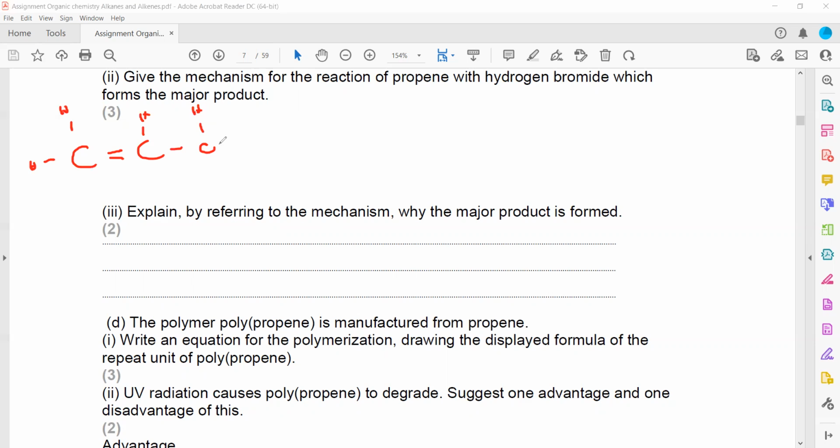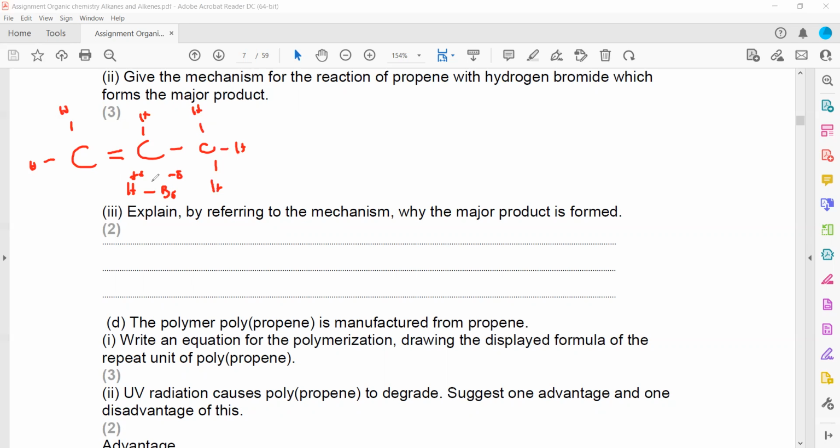This is propene. Then it reacts with hydrogen bromide, HBr, so there will be a partial positive on hydrogen, which is less electronegative, and a partial negative on bromine.